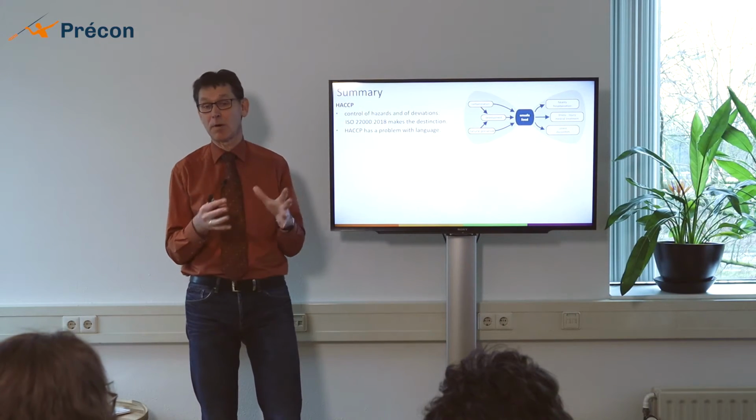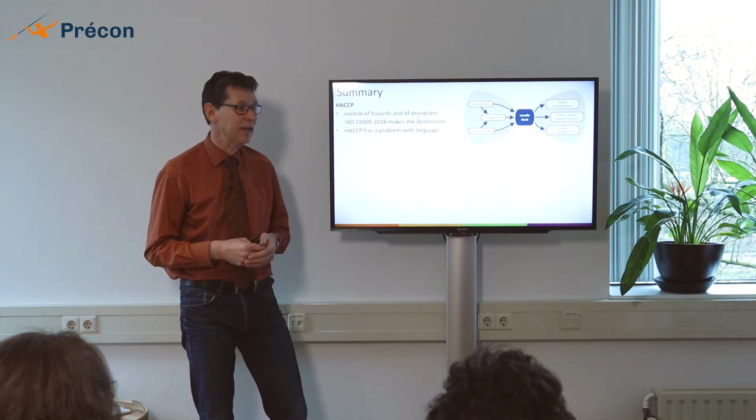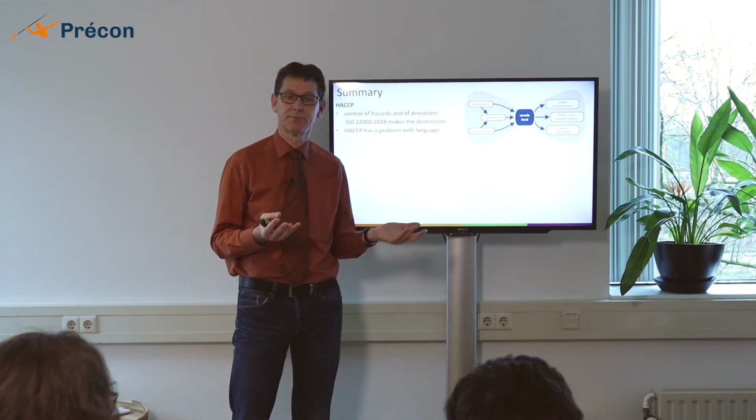So it's a matter of how do you reason in cases of safe or unsafe food. How do you find the proper words? How do you find the right arguments to make clear that your product is safe? So it's very much a language problem, and we can avoid that language problem by using the food safety bow tie. And so I think that the food safety bow tie has a promising future.